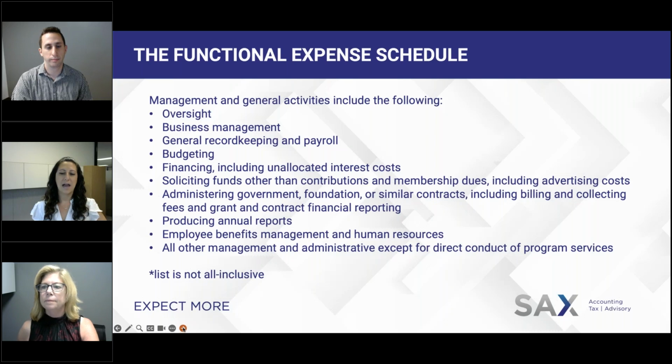So an example of that would be if you have a grant that's pretty significant and within your budget, you're allocated an accounting staff person to be able to administer that contract. That would fall under that category.